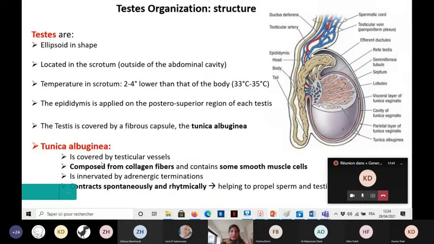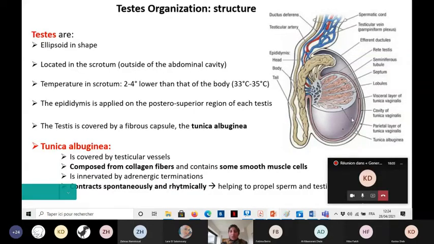And this tunica albuginea is also innervated by adrenergic terminations. So it's innervated by nerves, and the terminations of those nerves are responsive to adrenaline and noradrenaline, and that's why we call them adrenergic terminations.